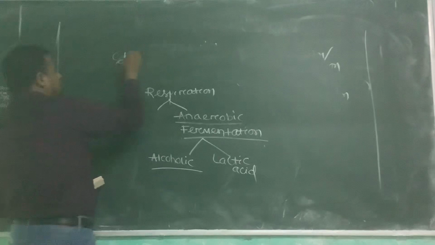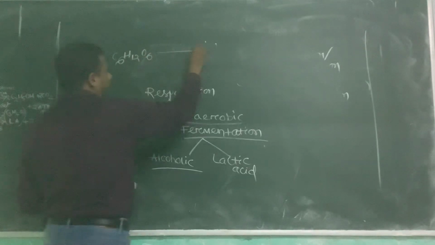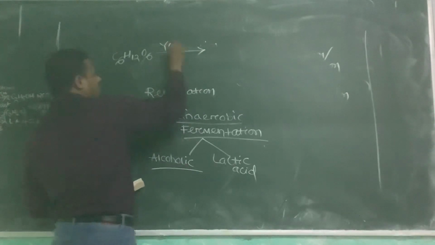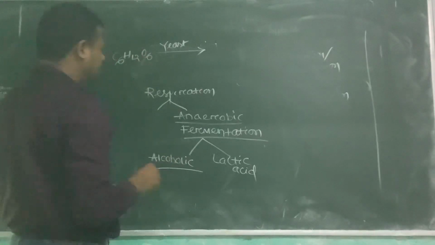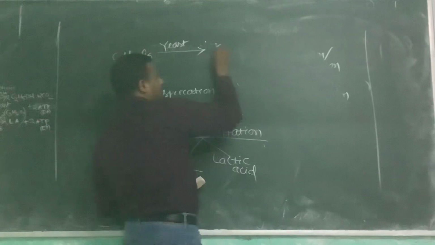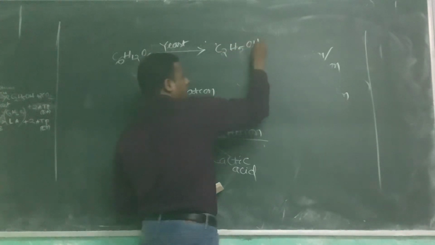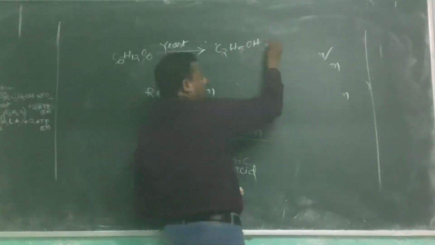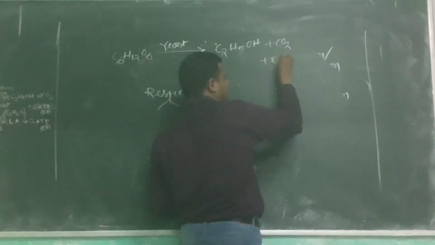Glucose, C6H12O6. In the case of yeast, we find alcoholic fermentation. On the product side we get ethyl alcohol or ethanol, C2H5OH, plus carbon dioxide plus energy.